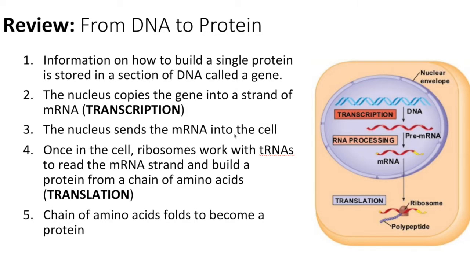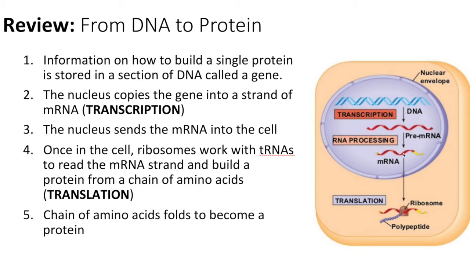So, just as a review of what we've talked about over the course of this unit, we start out with information stored in a section of nucleotides called the gene within DNA. And we take whatever that one section is that we need and we transcribe it into a segment of mRNA, which goes through a little bit of processing before you get the final strand.